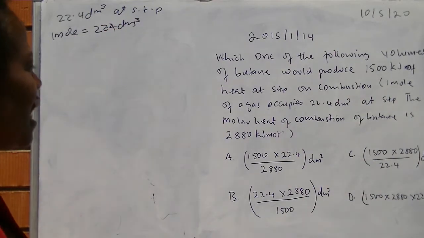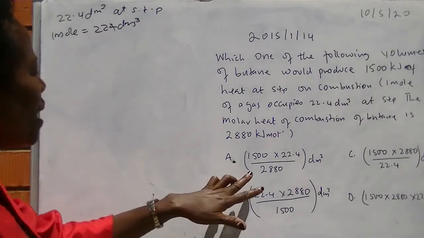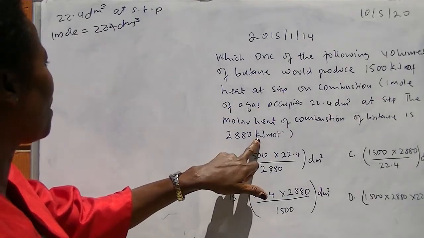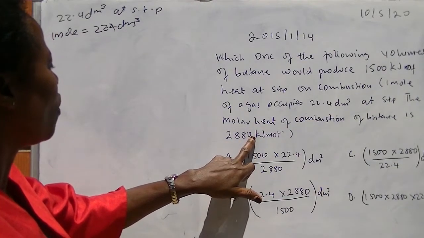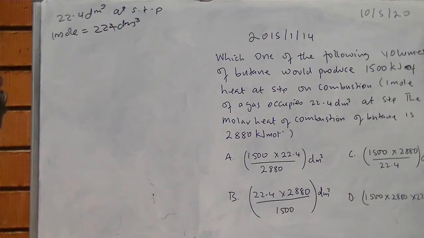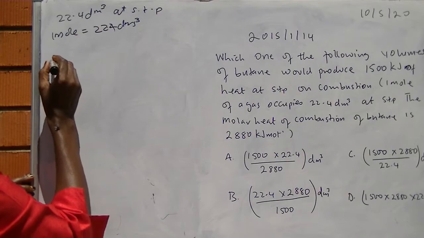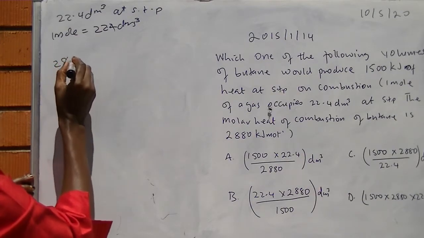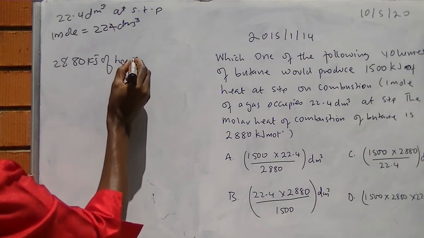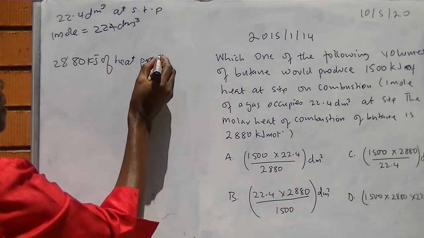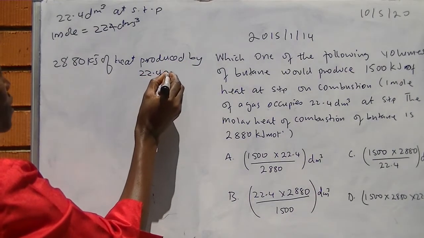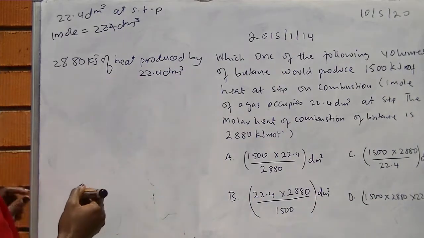We are told that when each mole of butane is combusted, it produces this heat. Since this heat is produced per mole, this heat is produced by 22.4 cubic decimeters of butane. Therefore, 2,880 kilojoules of heat is produced by 22.4 cubic decimeters of butane.